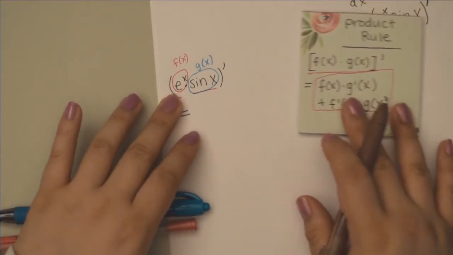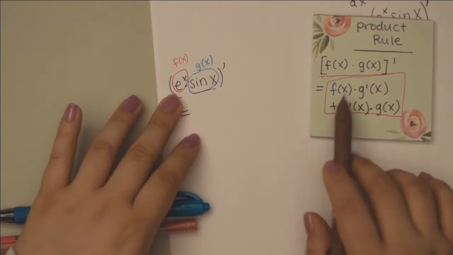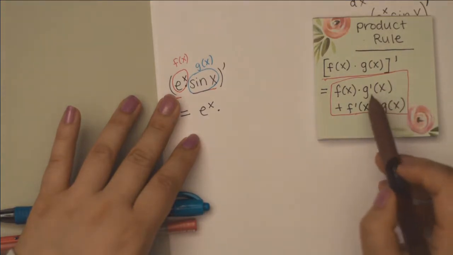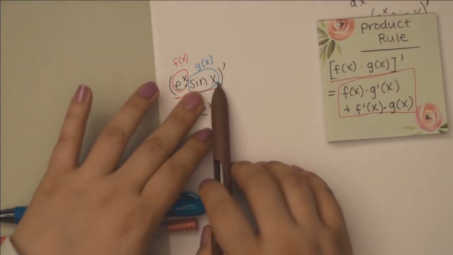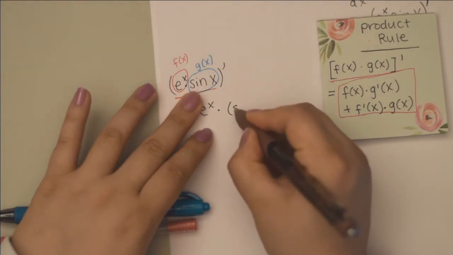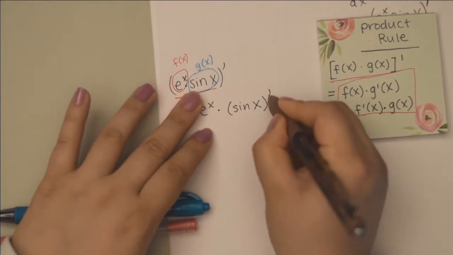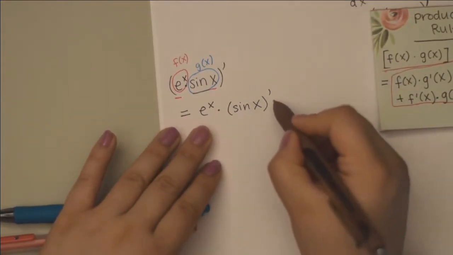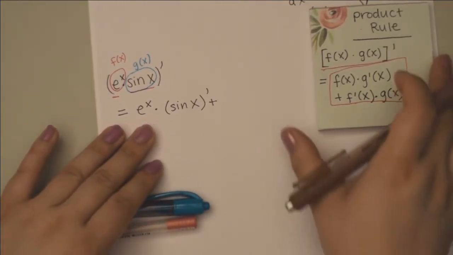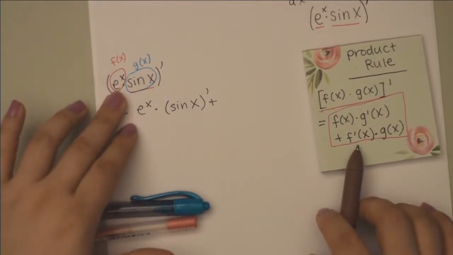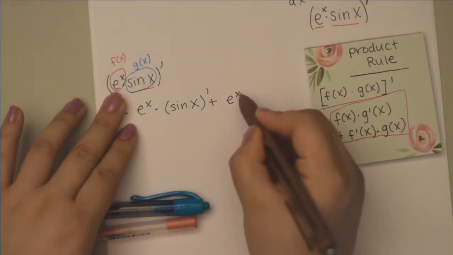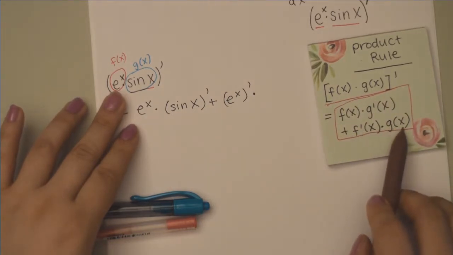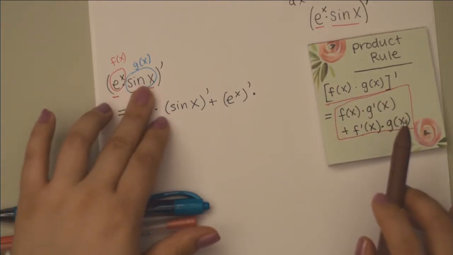Okay, so then writing it out, I have f of x, so I'm keeping this exactly as is. Okay, I have f of x, so that's e to the x, times the derivative of g of x, my second function. So sine of x prime, and we'll come back to that, plus f prime of x, so e to the x prime, times g of x, which is just keeping the function as is.